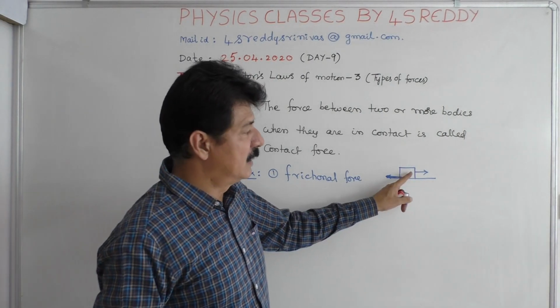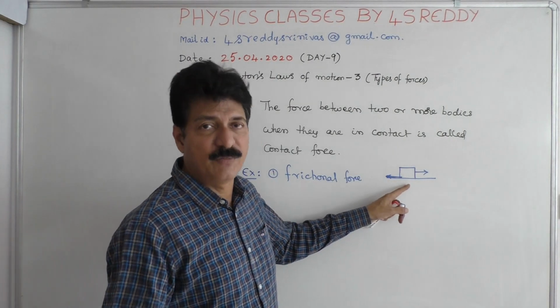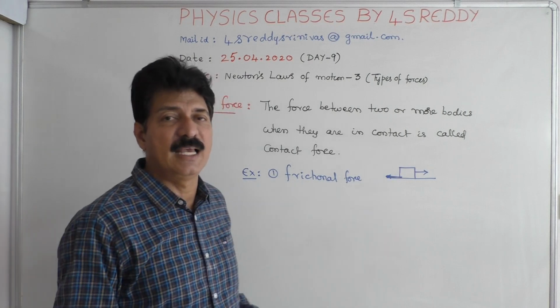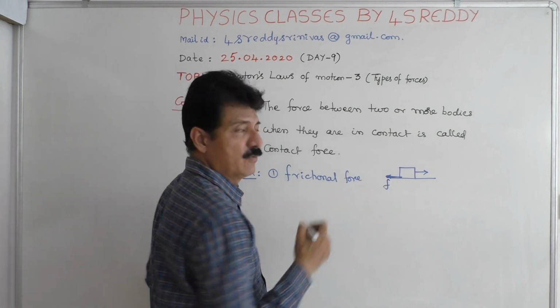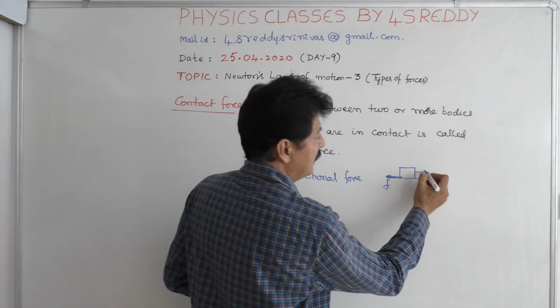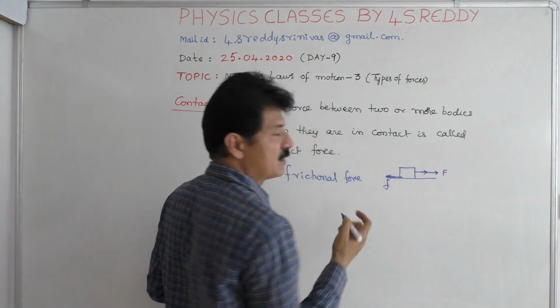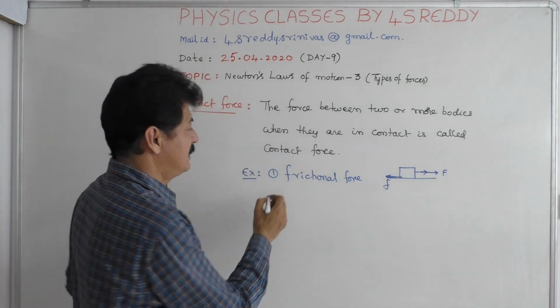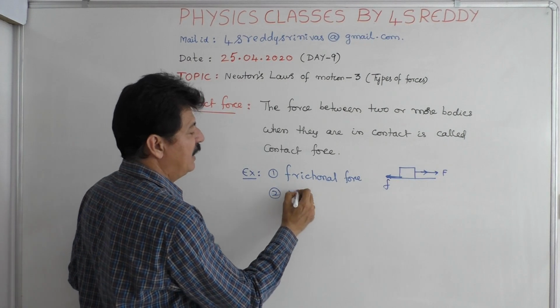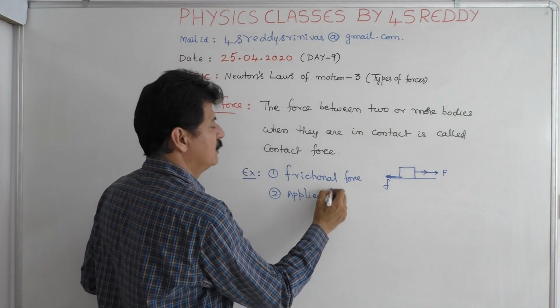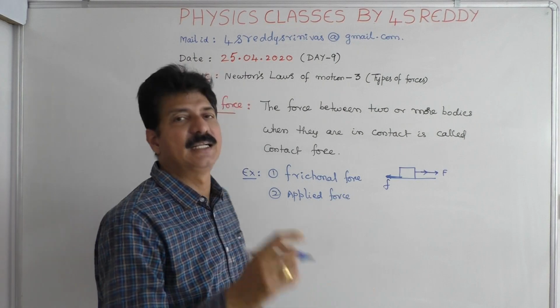So here the block is in contact with the surface, and when it is in motion there exists a force called frictional force. Suppose this is pulled with a force F, that means the second one is applied force, pull or push, that also comes because it is again in contact.